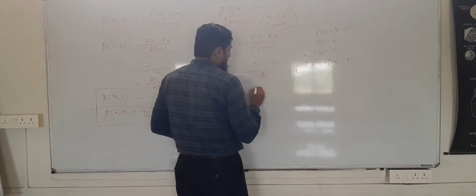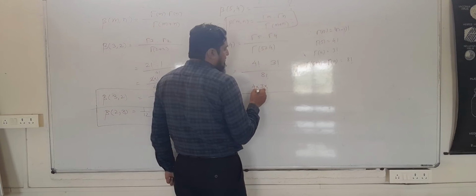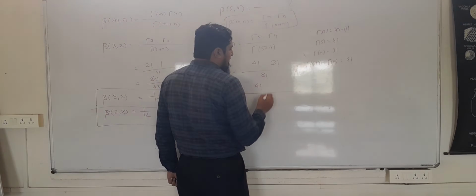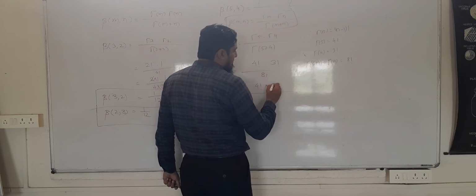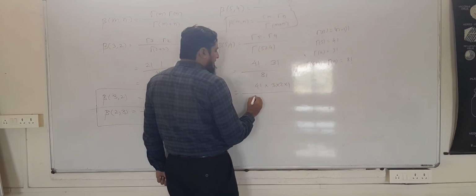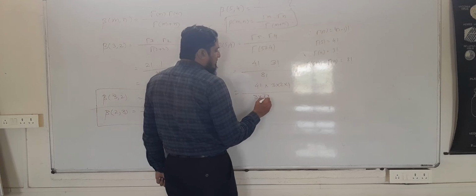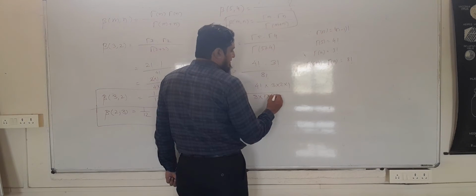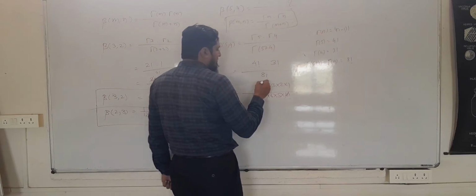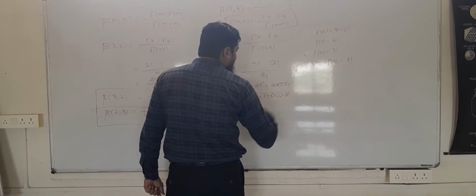So 4 factorial into 3 factorial, meaning 3 into 2 into 1, and we can write 8 factorial as 8 into 7 into 6 into 5 into 4 factorial. The 4 factorial cancels, 3 and 6 get cancelled.